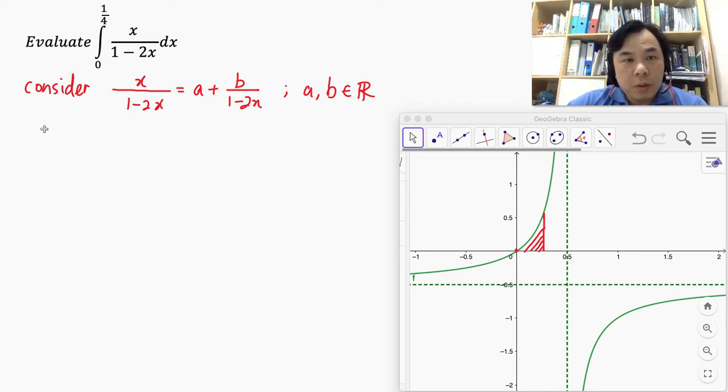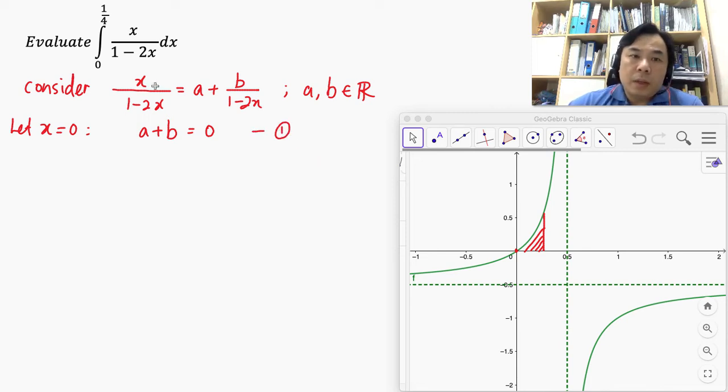So here I'm going to let x equal to 0, so I'm going to put in x on both sides. When I put in x equal to 0, I should expect a 0 on my left hand side, and then I would get a plus b equal to 0 on my right hand side. So that will be my first equation.